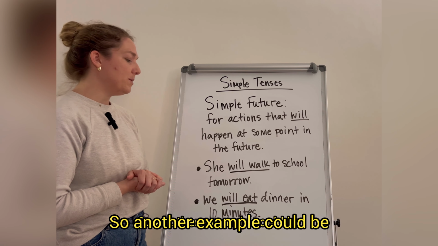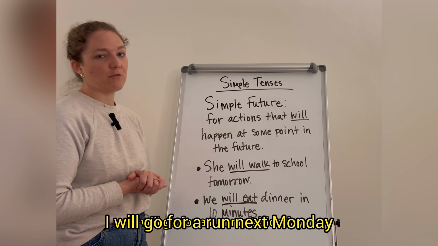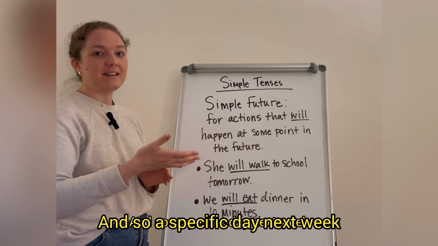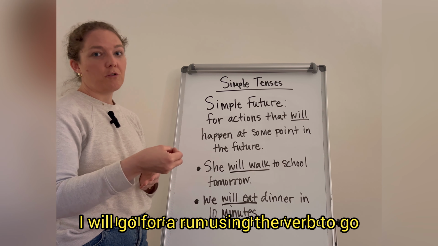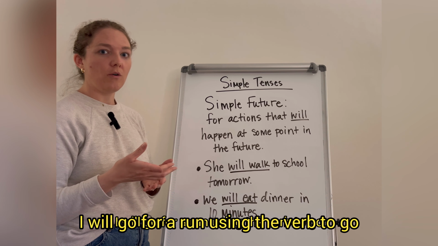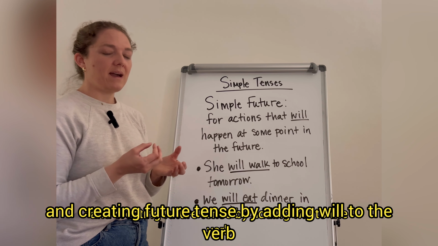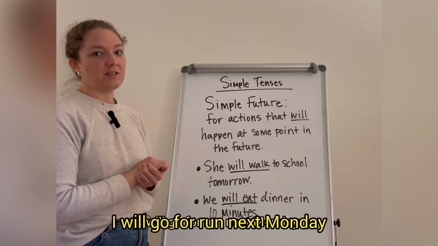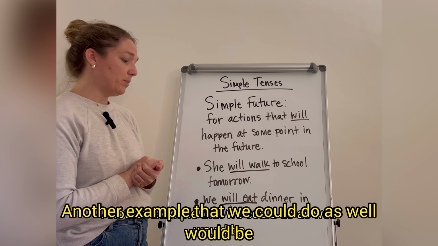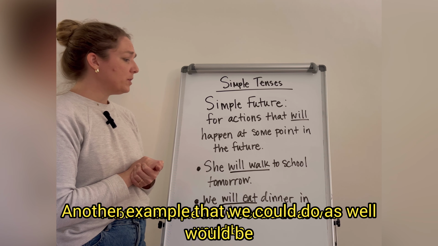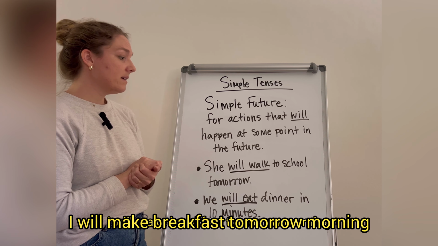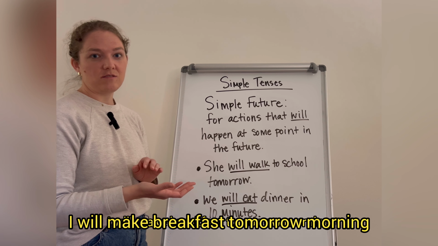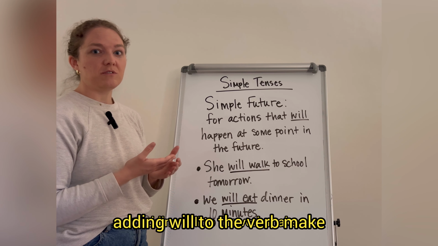Another example could be, I will go for a run next Monday. A specific day next week. I will go for a run, using the verb to go and creating future tense by adding will to the verb. Another example would be, I will make breakfast tomorrow morning, adding will to the verb make.